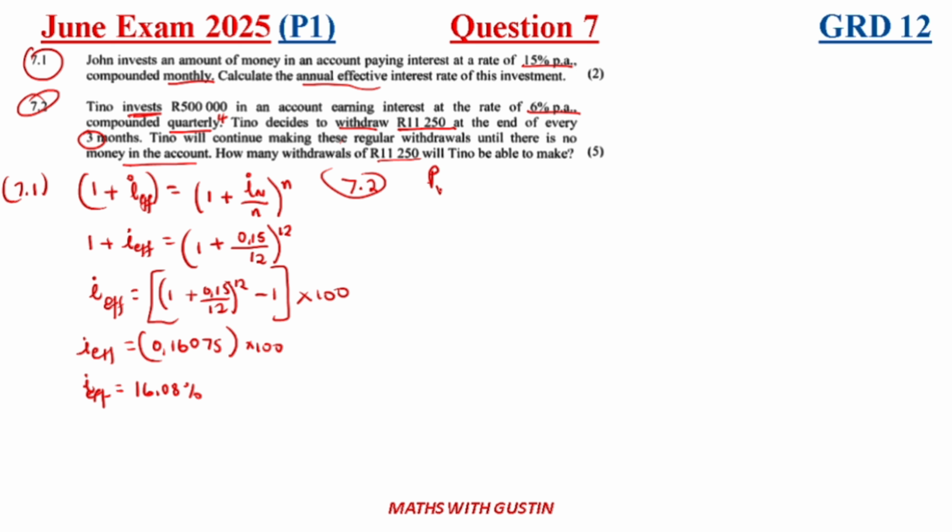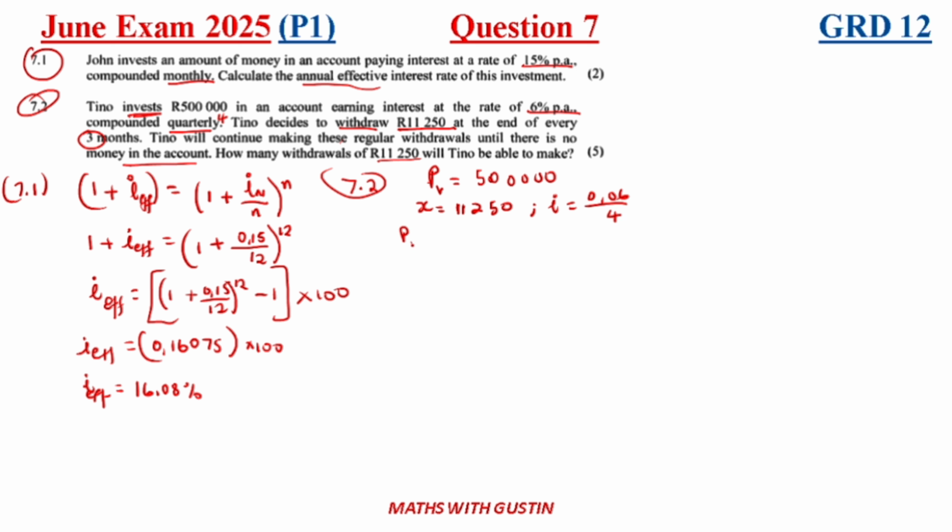You know that they are withdrawing, so you are going to use a present value formula, which will give us 500,000, and these regular withdrawals are almost the same as regular deposits. So this will be like regular payments. We have got our 6% here divided by 4 because we are doing it quarterly.